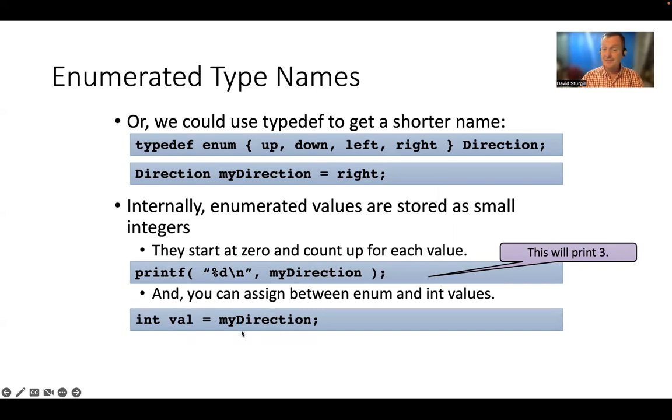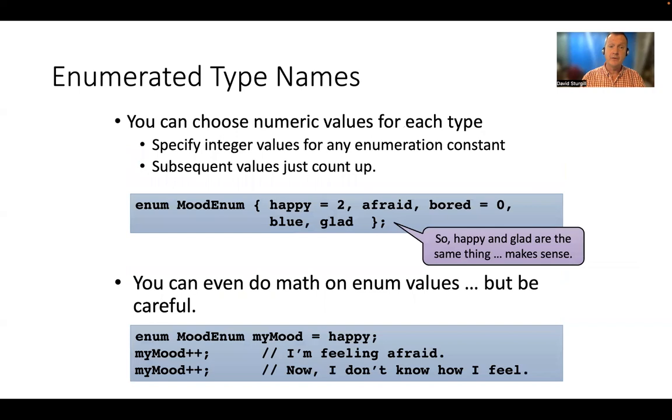You can assign from one of the enumerated values to an integer, and that'll work just fine. So it's really just a thin syntactic decoration for what we started with, a name for a bunch of unique integer values and a type name that we can use to define new variables that are storing those integer values.